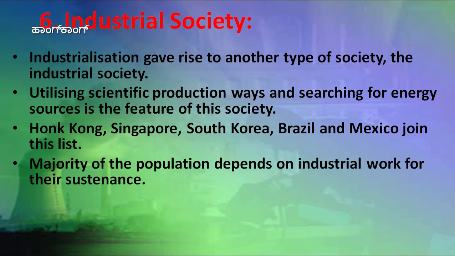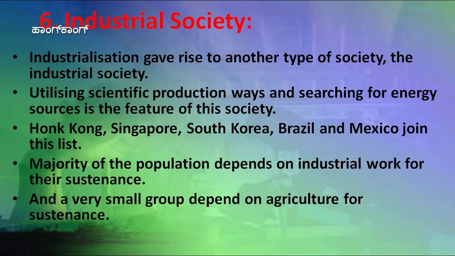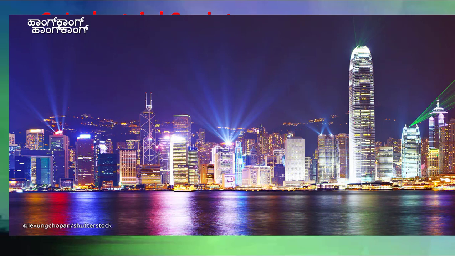The majority of the population depends on industrial work for their sustenance, and a very small group depends on agriculture for sustenance. So some of the very important industrial societies exist in countries like Hong Kong.